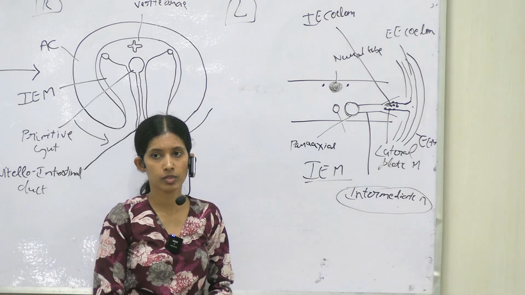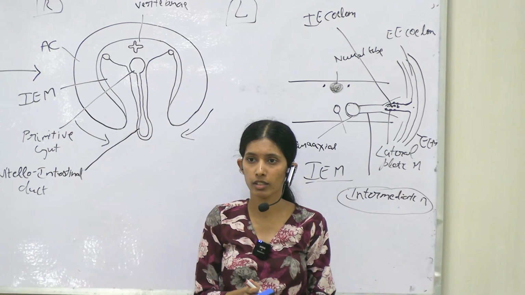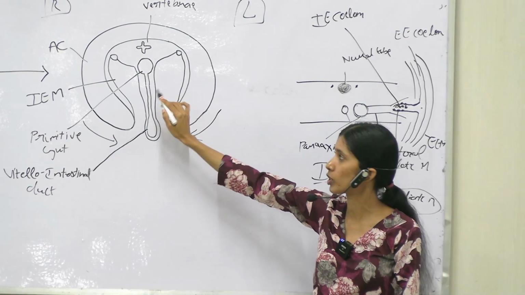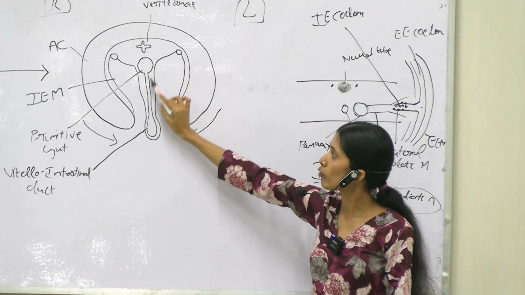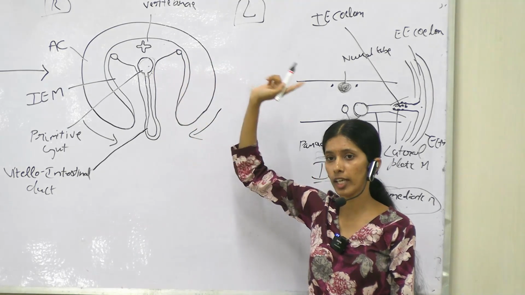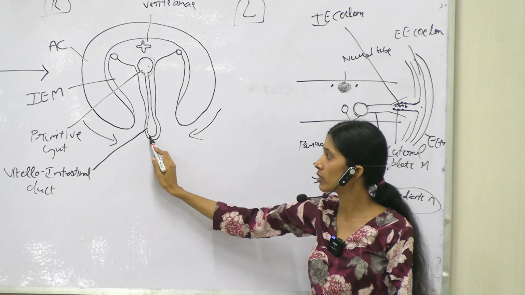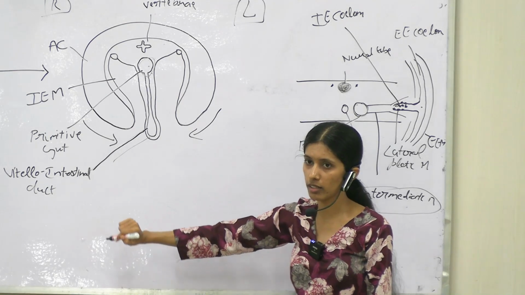Any doubts in this? No? First, we have seen the folding of your amniotic cavity, then we have intraembryonic mesoderm. In this coronal section, we can see vertebrae followed by primitive gut. Formation of primitive gut takes place in the cranio-caudal section, and then we have the remnant of yolk sac, that is vitalo-intestinal duct.